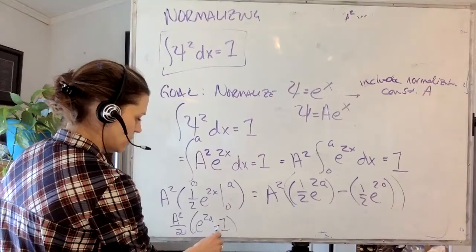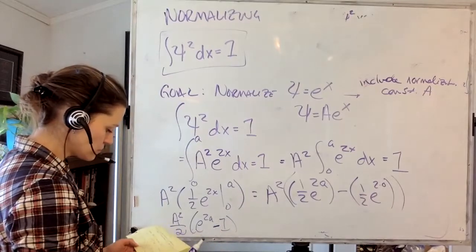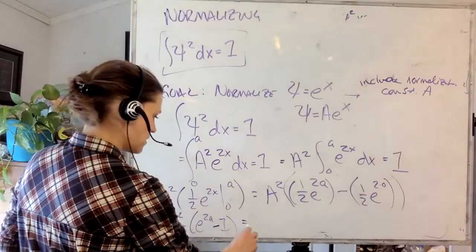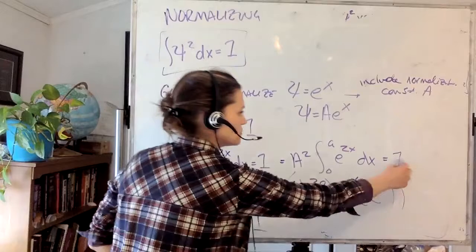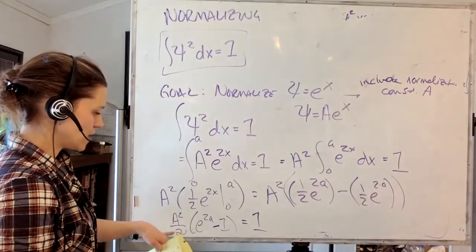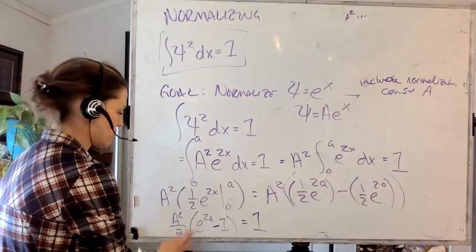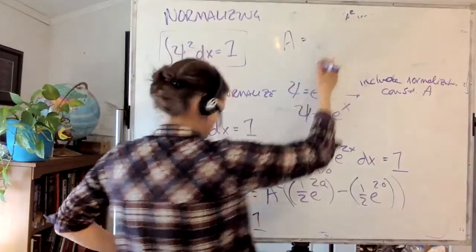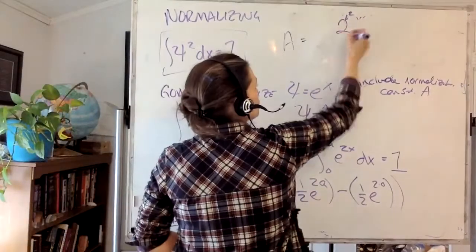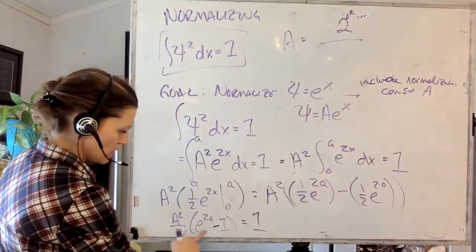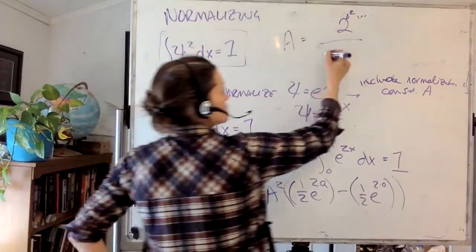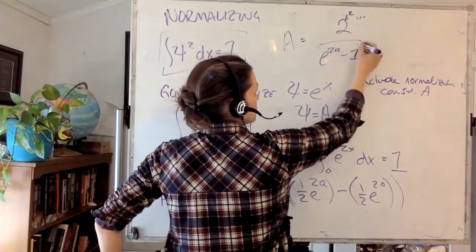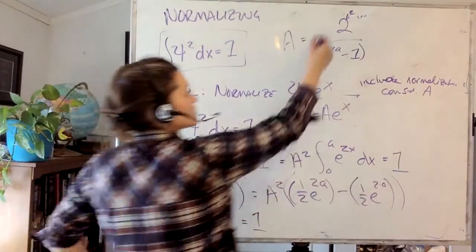So I have e to the 2a minus 1, and this whole thing equals 1. And so then, solving for a, A equals 2 divided by e to the 2a minus 1, all of that to the 1/2.